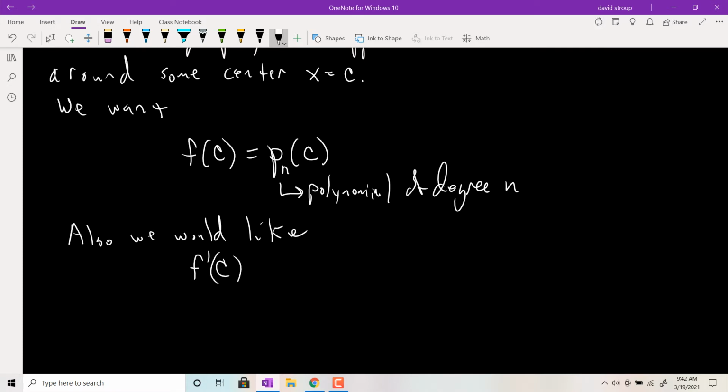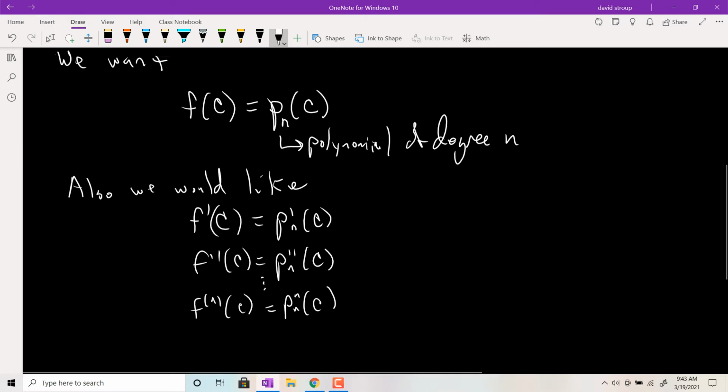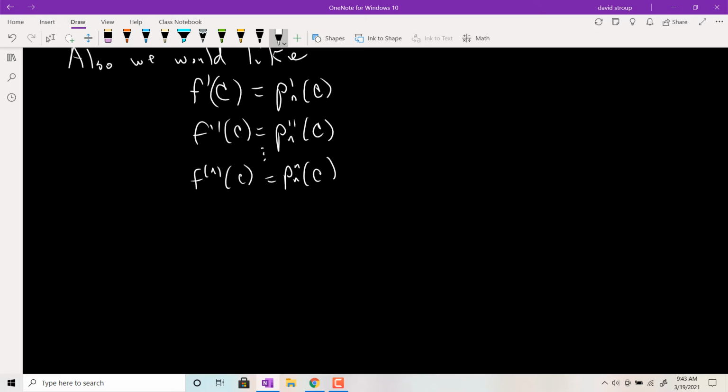So we would like f prime of c to equal p sub n prime of c, f double prime of c equals p sub n double prime of c, etc. And then all the way up to the nth derivative of f at c equaling the nth derivative of the polynomial at c. Okay, if this happens, then we get the polynomial to be a really good picture for what the function is doing around some center.